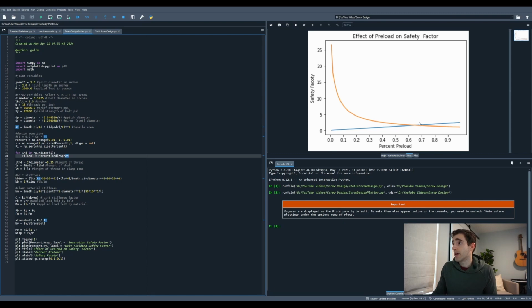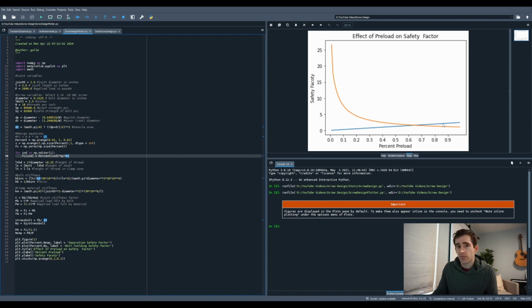We can see that it comes up, and we were at 90% about here, 2.25, where the bolt yielding safety factor is here in orange, and it decreases. By doing this, we can see, okay, there's about 0.6 here, seems to be where they meet, and maybe if I go above this point, I'm going to have the clamped material holding most of the load, and that's probably going to be a good design.